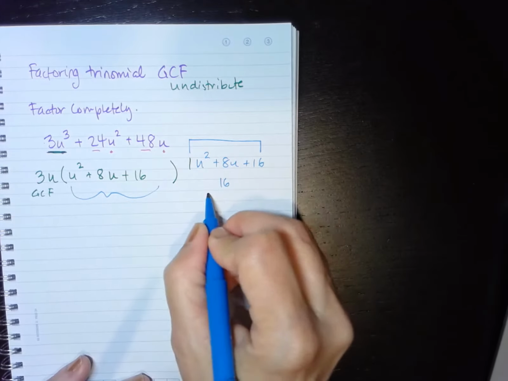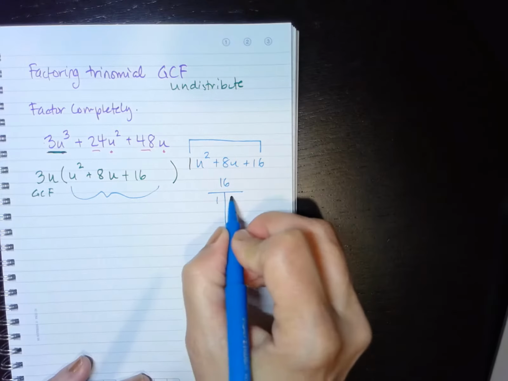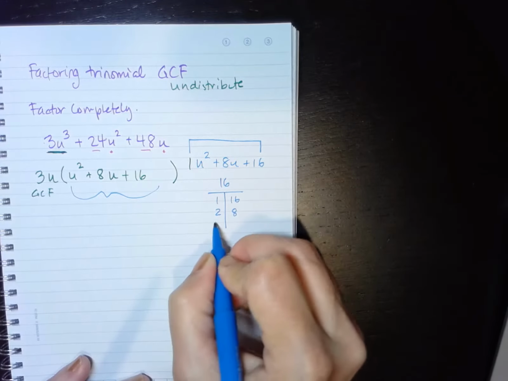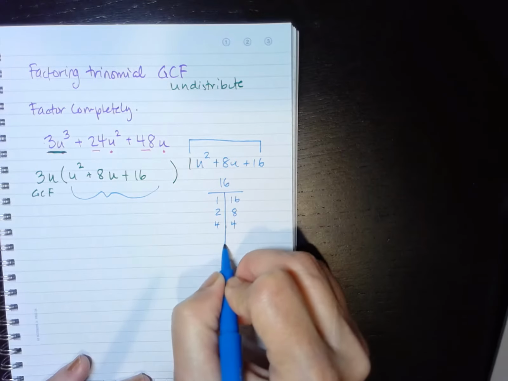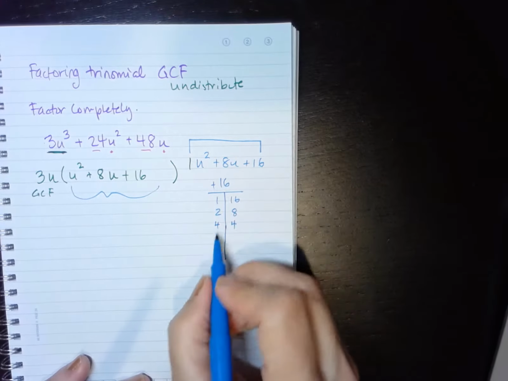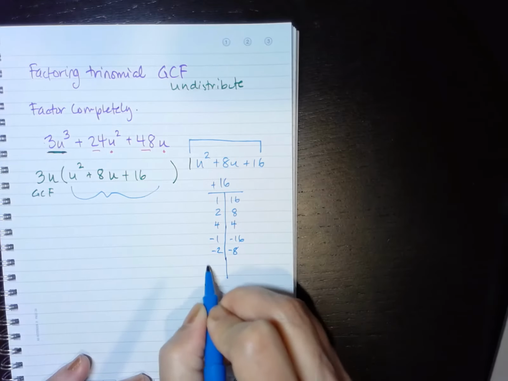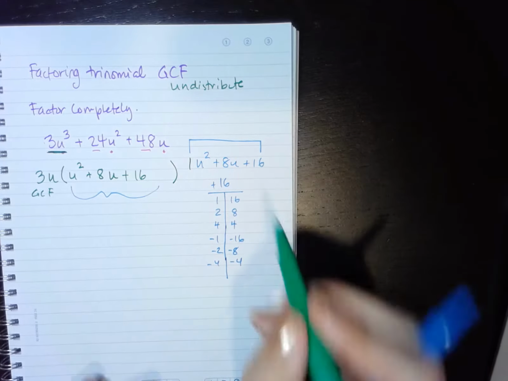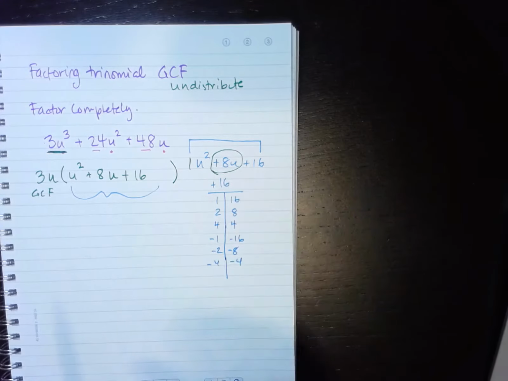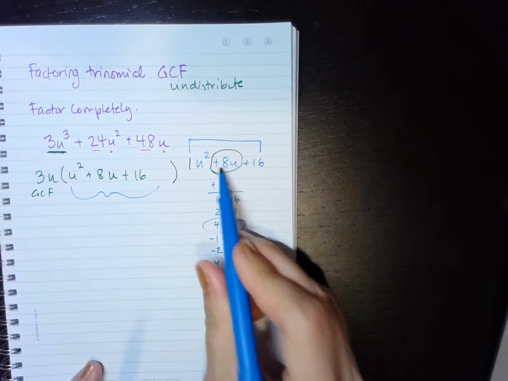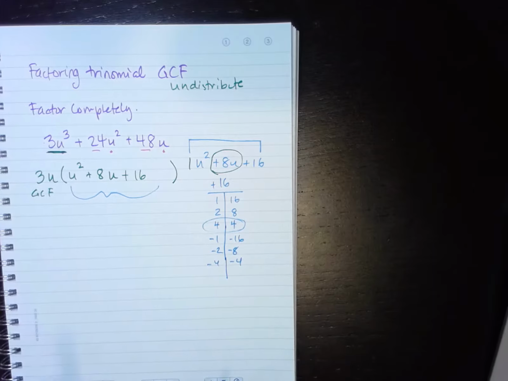That's 16. I list the factors of 16: 1 times 16, 2 times 8, 4 times 4. And remember, it's a positive 16, so I could have those negatives. It's possible. Now what I'm trying to make is the term in the middle, and 4 and 4 make 8. So those are the two numbers that I'm going to need.